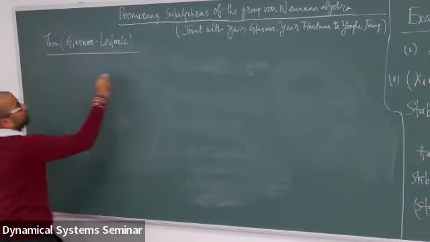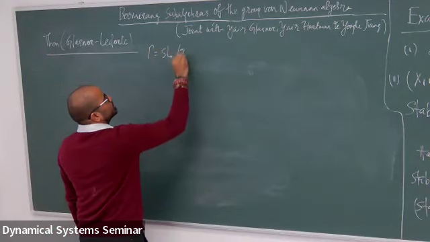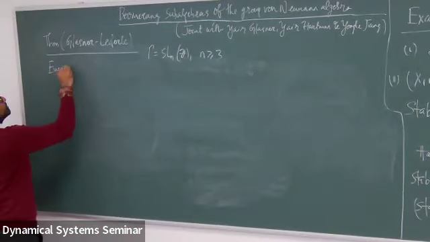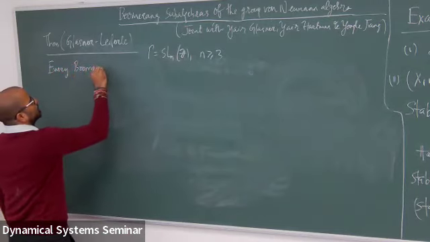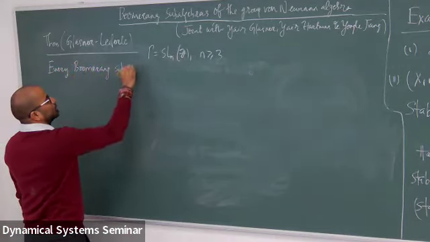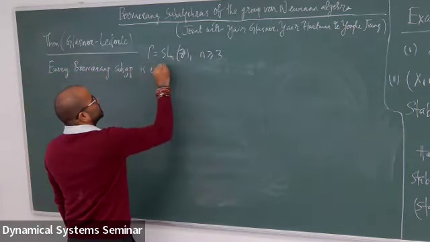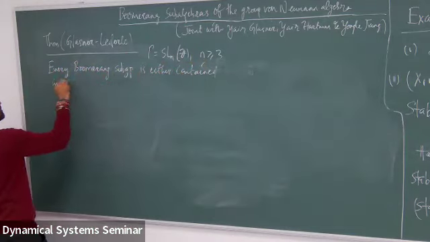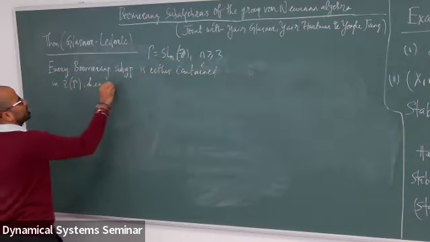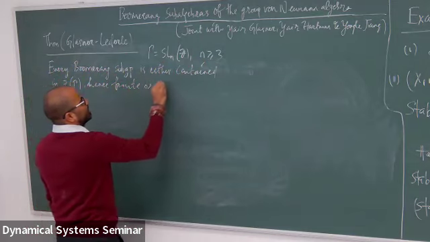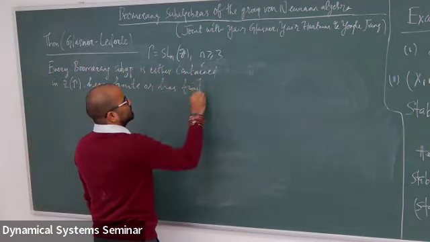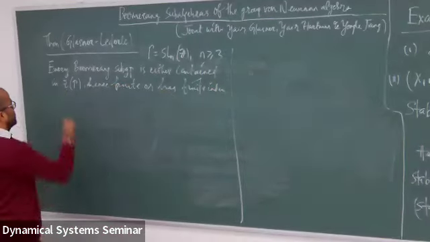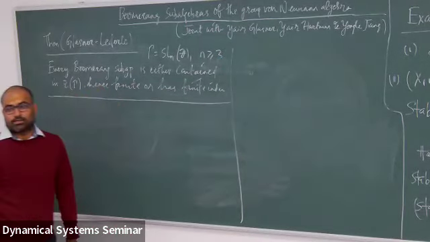They showed that if you take Gamma to be SL_n(Z), n bigger than or equal to 3, then every Boomerang subgroup is either contained in the center, hence finite, or has finite index. And this generalizes the result of Margulis.